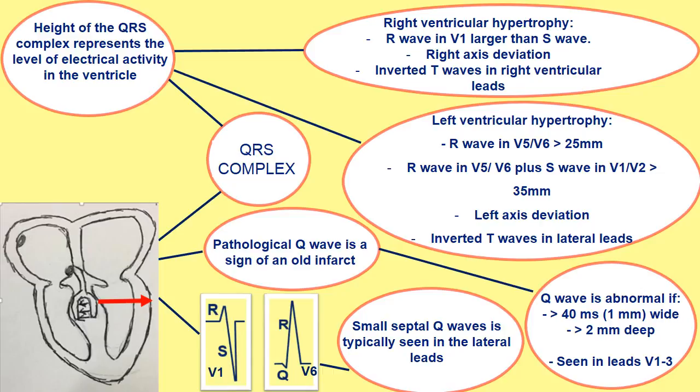And these are the conditions. If the V5 or V6 R wave is longer than 25 millimeters, or if the R wave in V5 or V6 plus the S wave in V1 or V2 is more than 35 millimeters, then there's possible left ventricular hypertrophy.